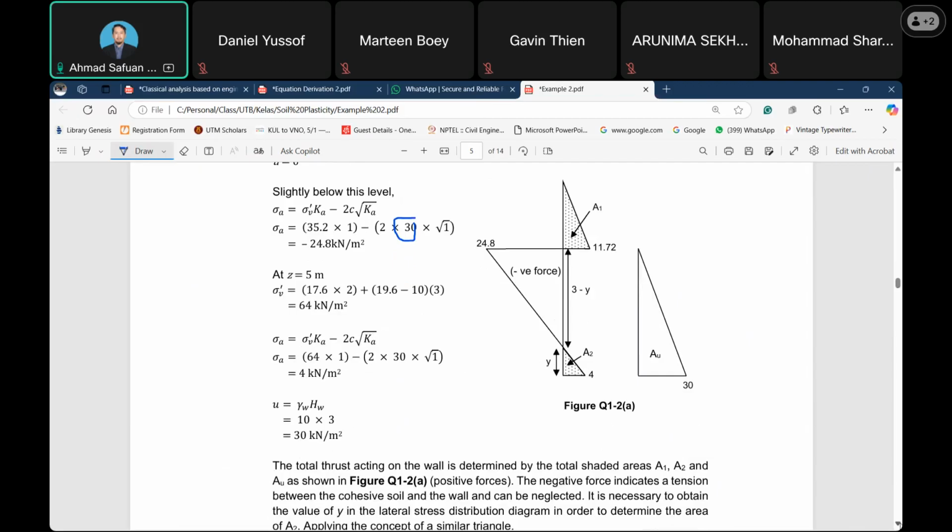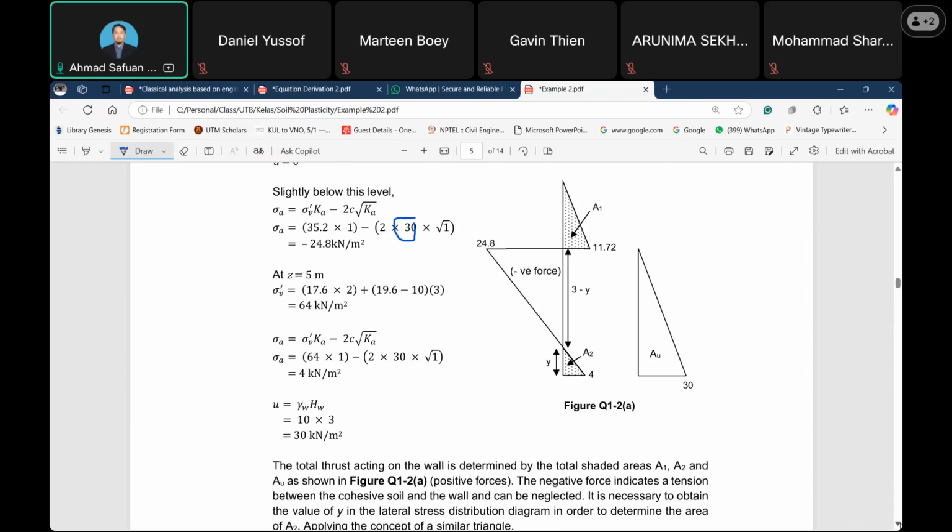That's why we use the term effective, because the water doesn't experience any shearing; the shearing is only experienced by the soil. So that's why we use the effective stress approach.